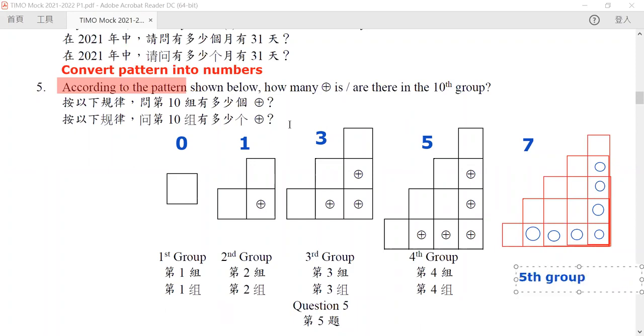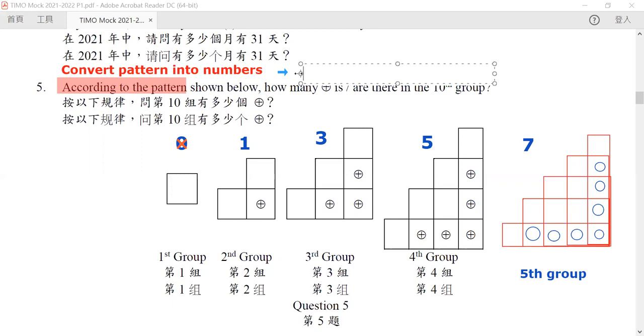Excluding the first number, all other numbers 1, 3, 5, and 7 are all odd numbers. So you know that this pattern follows, if you convert this pattern into numbers, you are just simply counting the odd numbers.